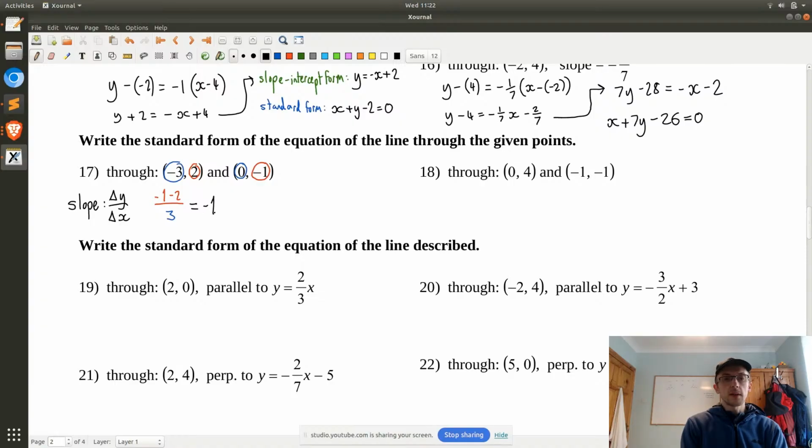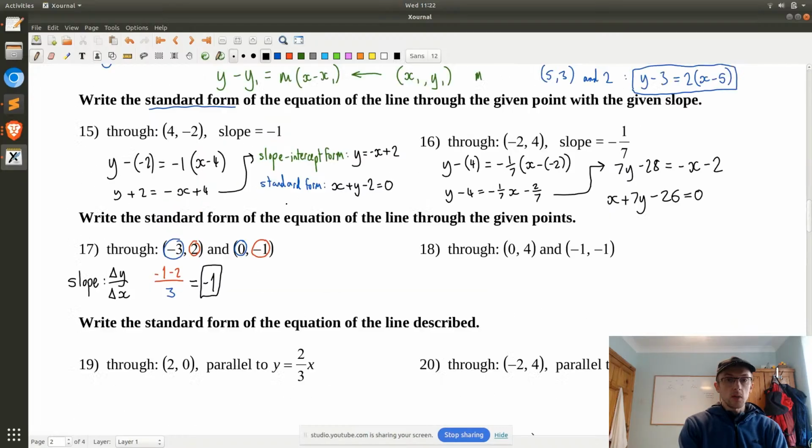The slope is -1. Now that we know the slope and we know a point that the line passes through, we can use this up here. Which point do I choose, though? Choose whichever is easiest, whichever you feel you're going to make the fewest mistakes with. Okay, so I'm going to choose 0, -1. My x1 is 0, my y1 is -1.